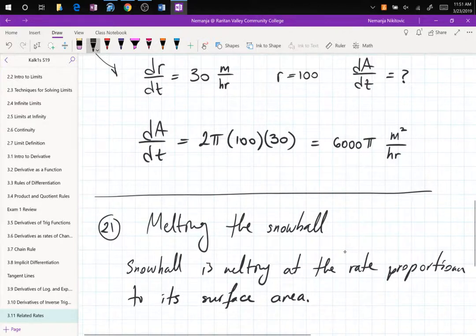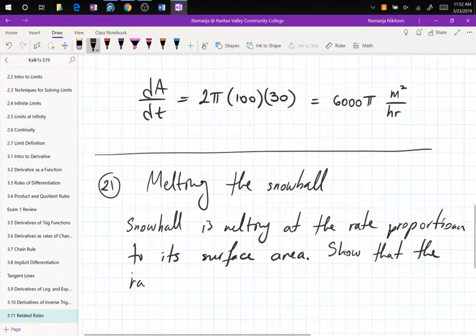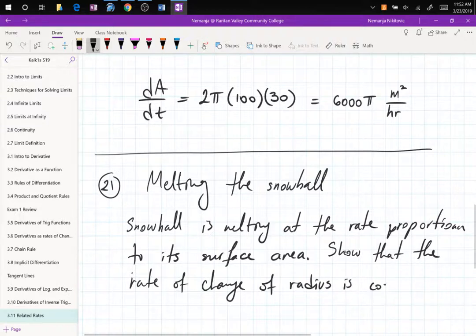Show that the rate of change of radius is constant.